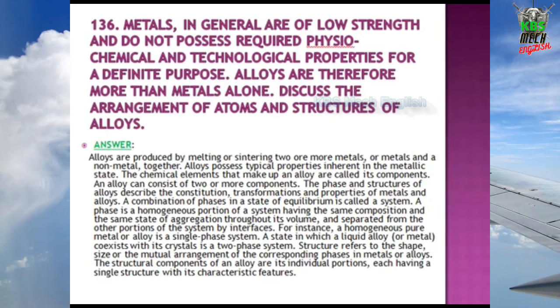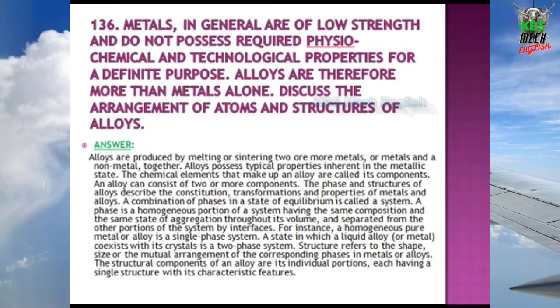Question number 136. Metals in general are of low strength and do not possess the required physicochemical and technological properties for a definite purpose. Alloys are therefore used more than metals alone. Discuss the arrangement of atoms and structures of alloys. Answer: alloys are produced by melting or sintering two or more metals, or metals and a non-metal, together.